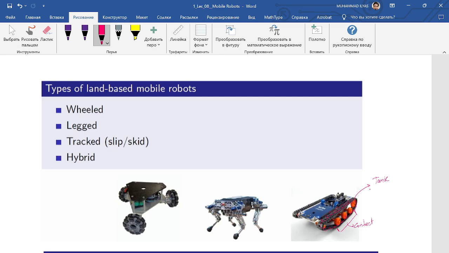This kind of track locomotion can operate on a soft surface, and on a slippery surface. But if we have only wheels, one single wheel, it is hard to operate on these kinds of surfaces. So depending on the application, we can choose to use wheeled locomotion, legged locomotion, tracked, or maybe a combination of different locomotion systems to design our mobile robot.